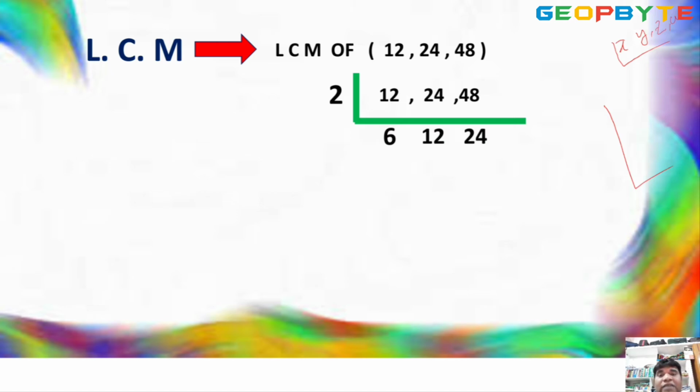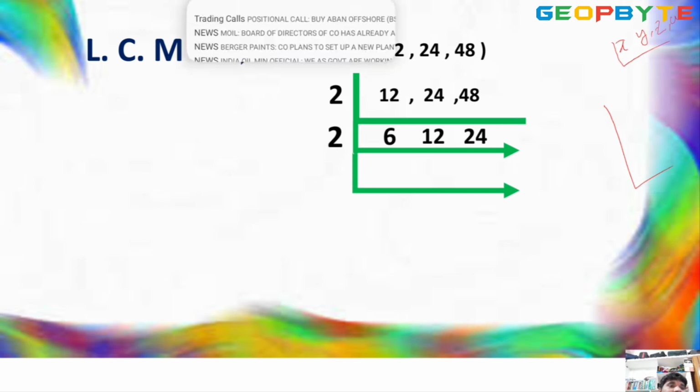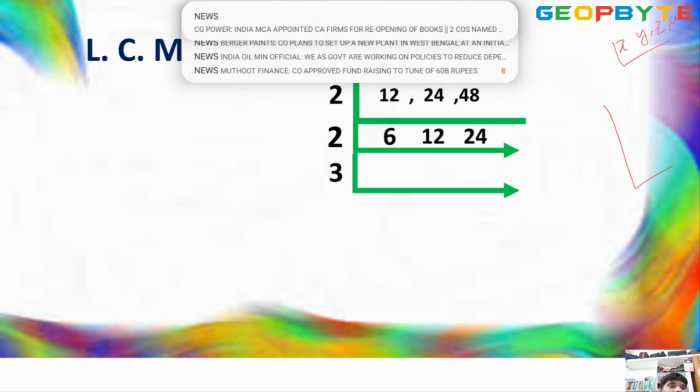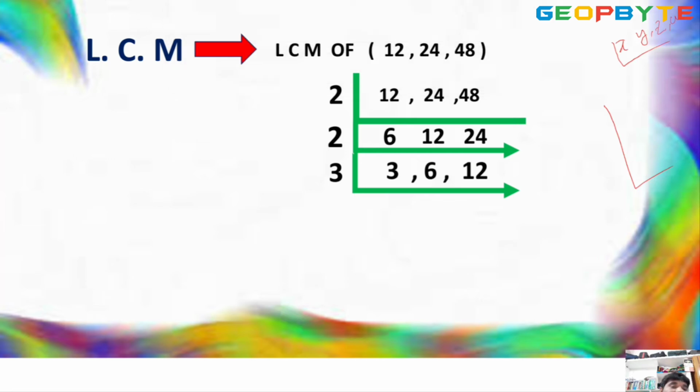Are these three numbers divisible by any single number? Yes. Again 2: 2 threes are 6, 2 sixes are 12. Next 3: 1, 2, 4. Again 1, 2, 4: is it divisible by any number? Minimum 2 numbers, so 2 and 4 are divisible by the same number. So continue.